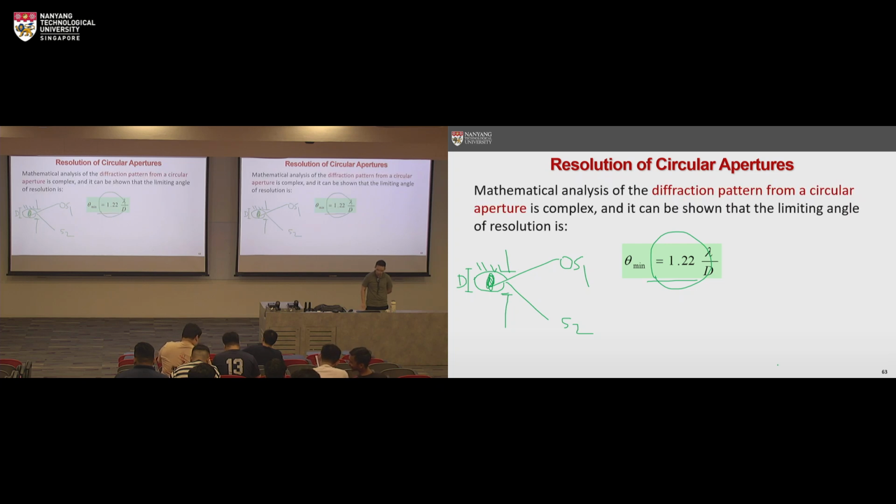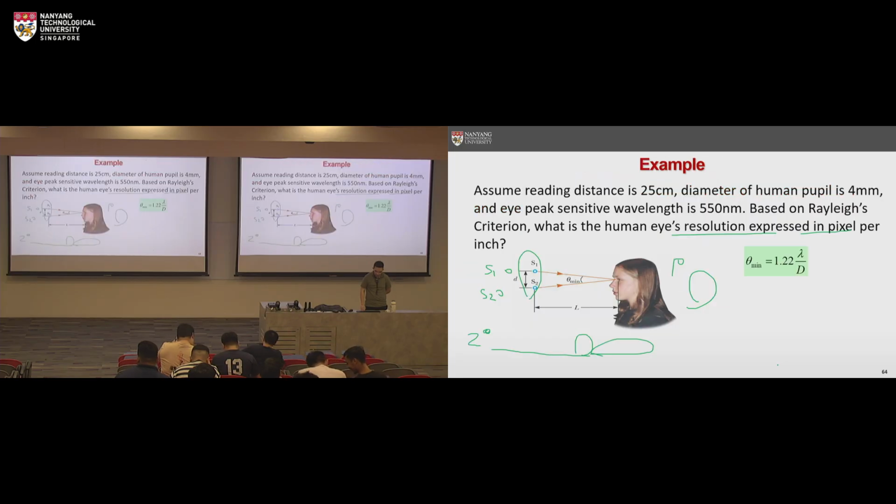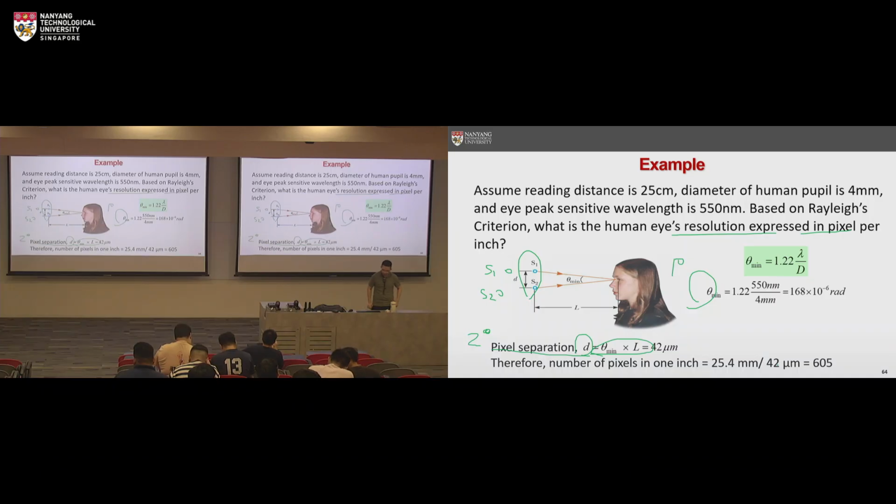So it's actually a two-step process. First, you need to find the minimum angle that is required to see the two objects. The second process is you need to find the d. The d is defined as the distance that you can see between S1 and S2.